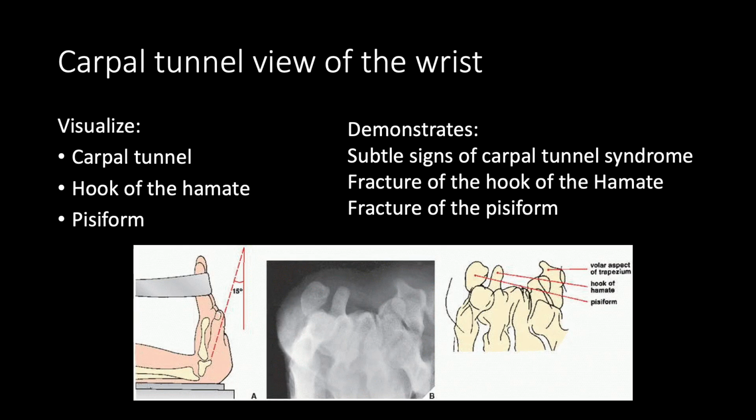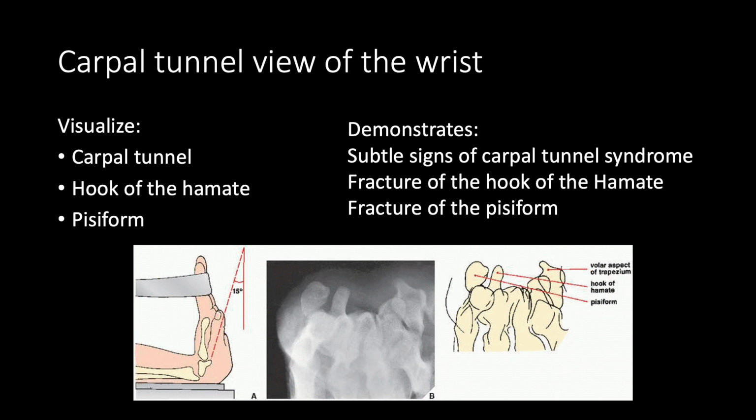And then lastly, we have the carpal tunnel view of the wrist. They put a little band around the hand, pull it back into full extension here, and you shoot a beam about 15 degrees from the perpendicular through the carpal tunnel onto the plate that's underneath the wrist here.